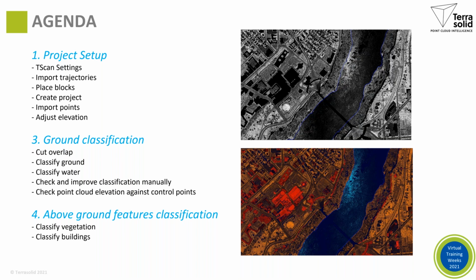The biggest part will be ground classification. It will contain several steps and some preparation. We will create macros, and later they can be run on the project, something like batch processing. Also, we will classify buildings and vegetation.